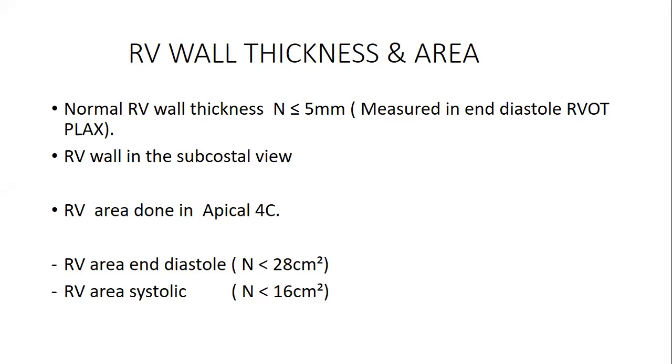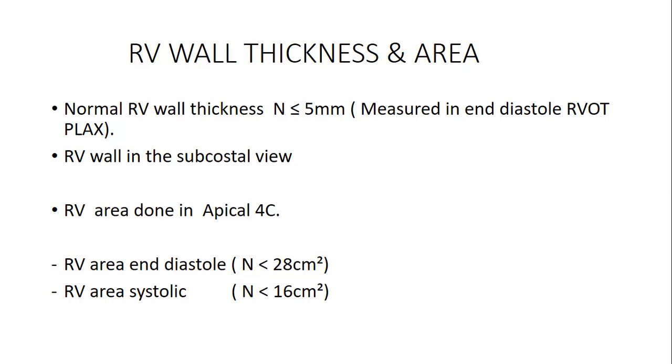The parameter is very important. The RV area must also be measured in apical 4 chamber, in end diastole, and normal should be less than 28 centimeters squared.